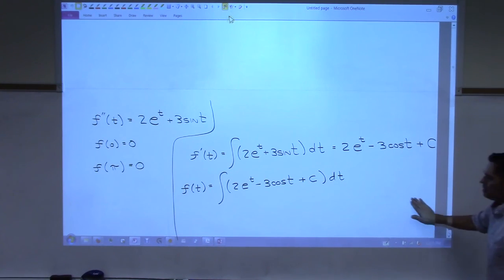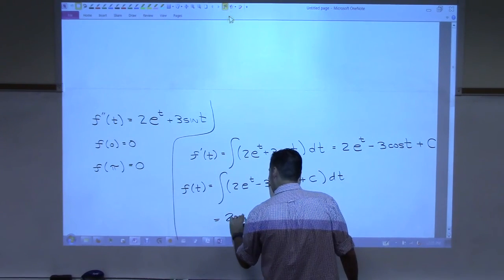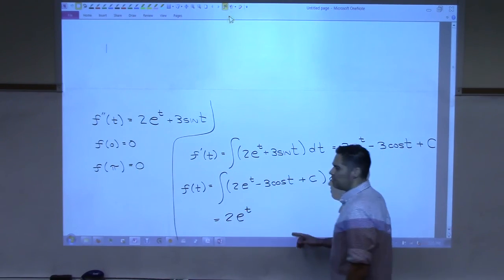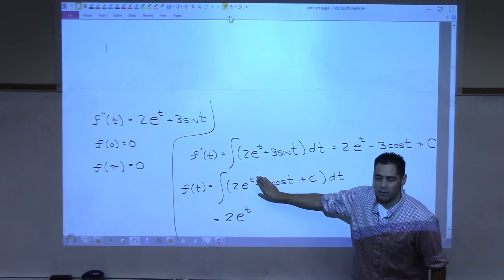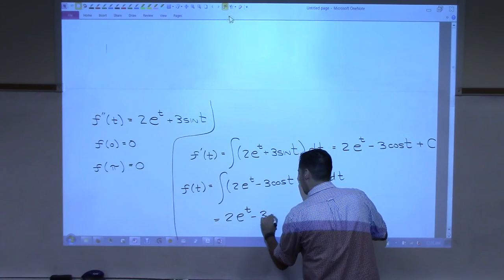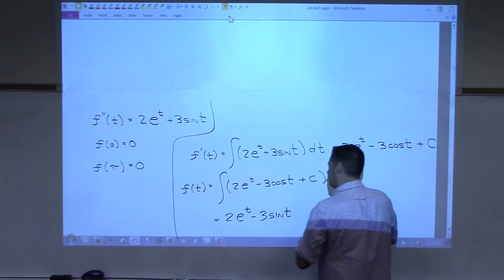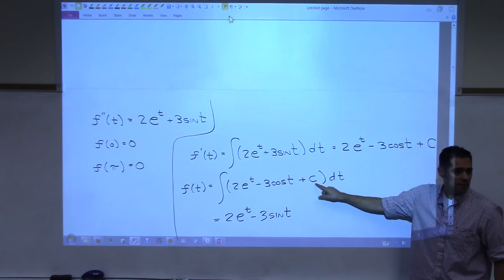So what is the antiderivative of 2e to the t? 2e to the t. What is the antiderivative of, I'll cover up the negative 3 for now, cosine t? Just sine, right? Just sine. And then the negative 3, so negative 3 sine t. What's the antiderivative of a constant?